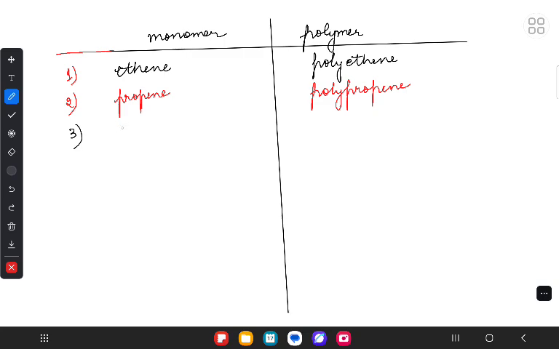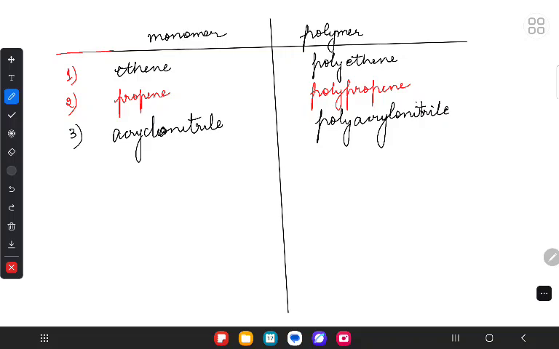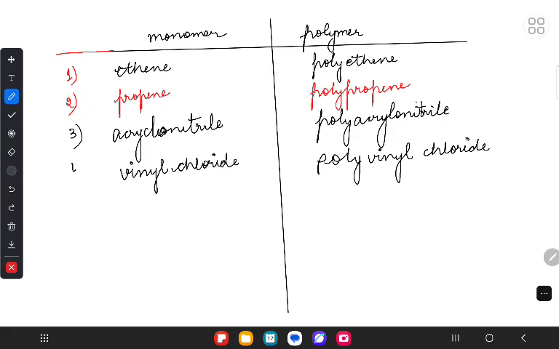Then we have polyacrylonitrile, so we'll have acrylonitrile. We will also have polyvinyl chloride, and here we're going to have vinyl chloride.